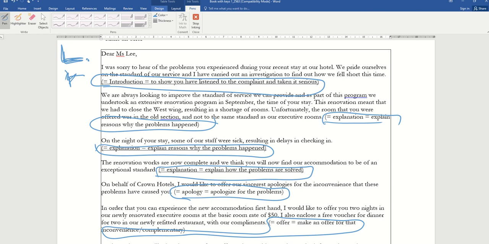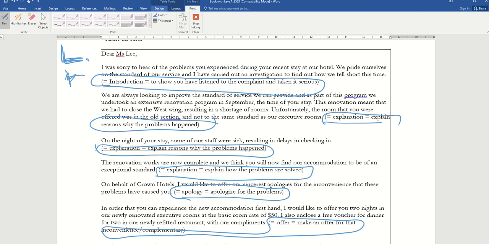Next paragraph is explanation, to explain the reason why the problems happened. In this email, because the complaint mentions 1, 2, or 3 problems, right?